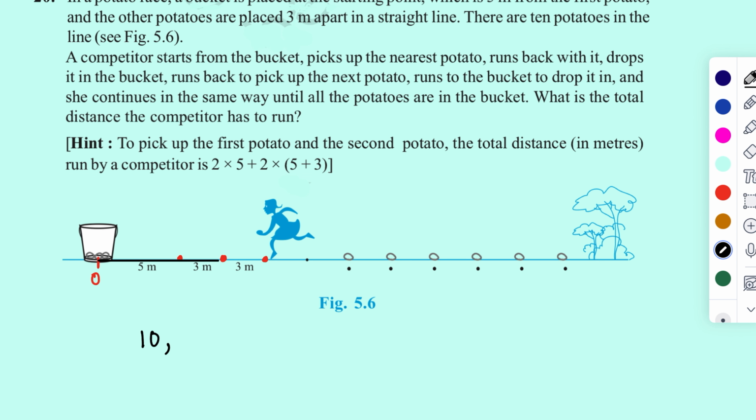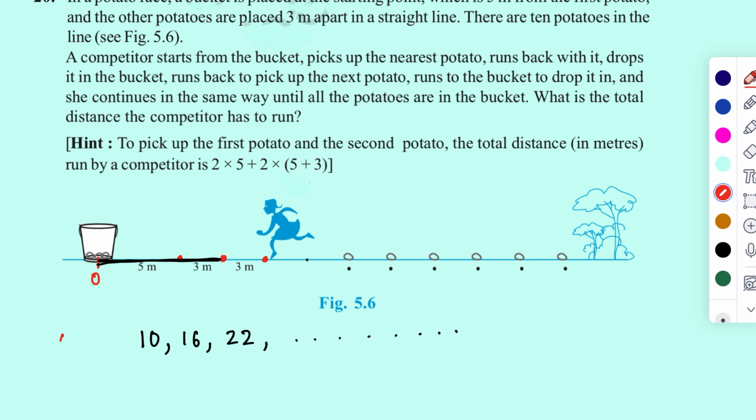So the total distance will be equal to this 8 meter plus this 8 meter, that is 16 meter distance he or she has to cover. Again for the third potato, he or she has to cover 22 meter distance. In this way it will be continued.